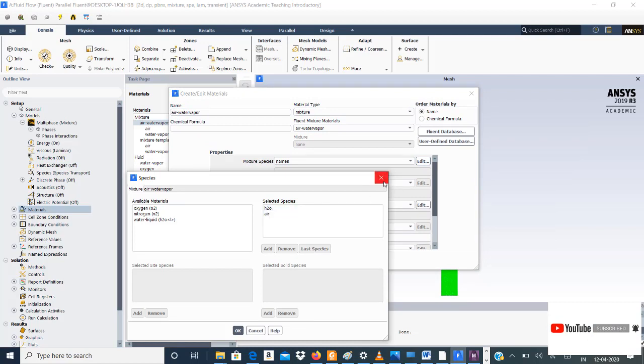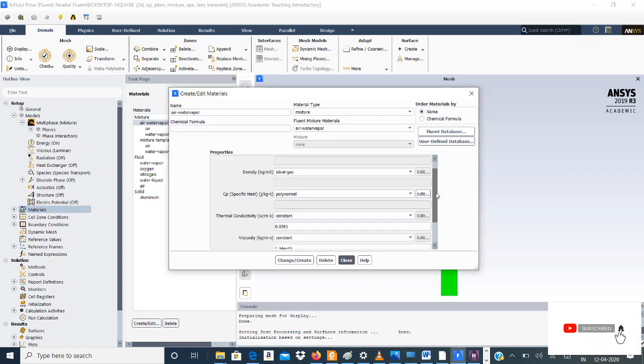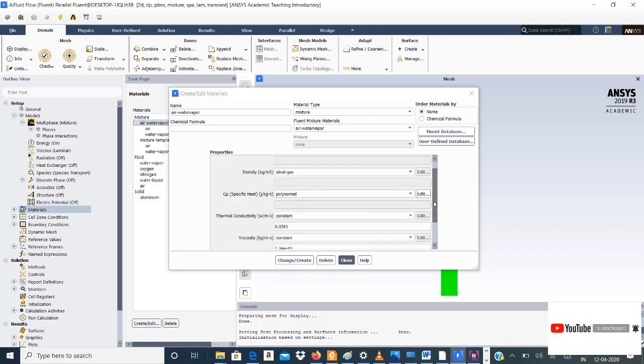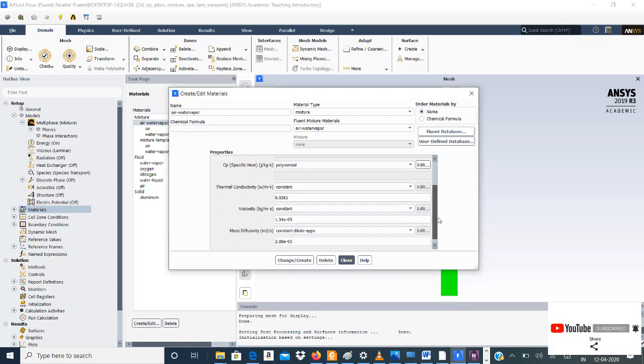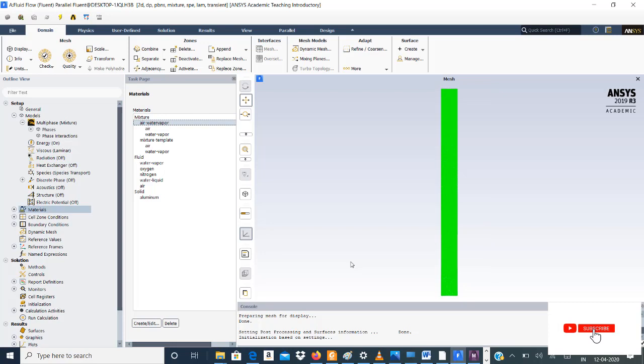It is a combination of air and water vapor. The density is ideal gas density. For specific heat, these are my coefficients, with the Cp value varying with temperature in this way. These are taken from the paper publication itself. Viscosity and mass diffusivity I have left as given by Fluent.